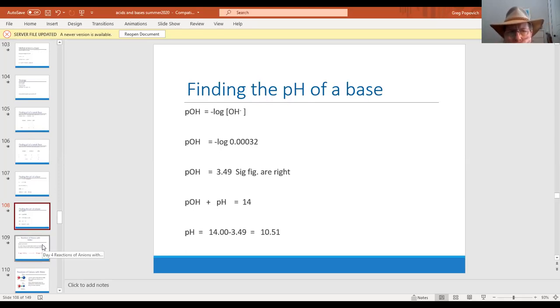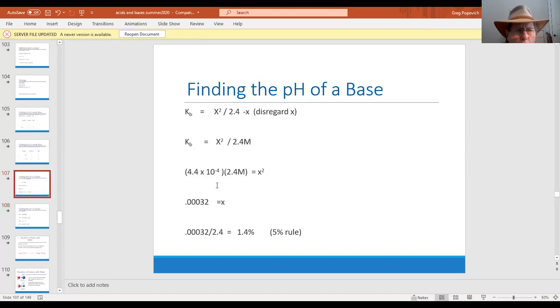Questions, ladies and gentlemen? The trick there: if you're given a Ka and it's a basic reaction, you have to change the Ka to a Kb. Then you have to realize, once you have solved for X, that X is not H3O, X is actually OH minus.